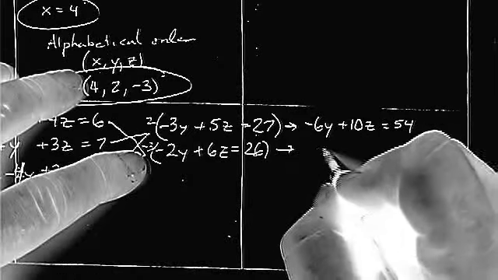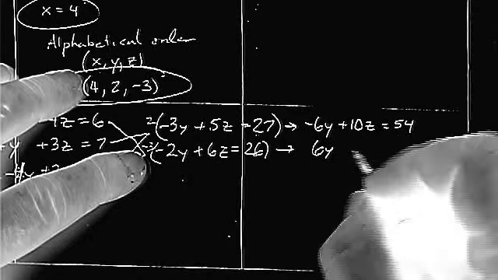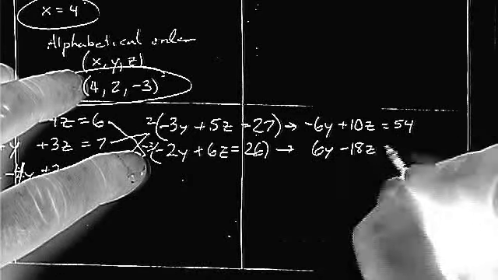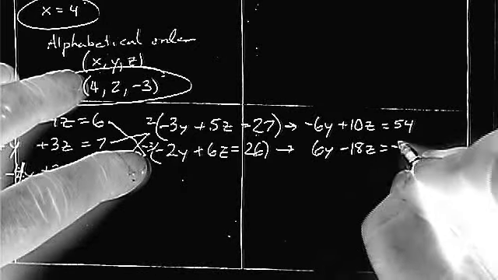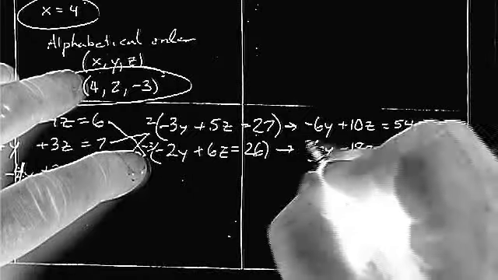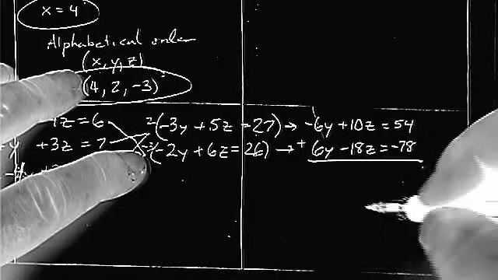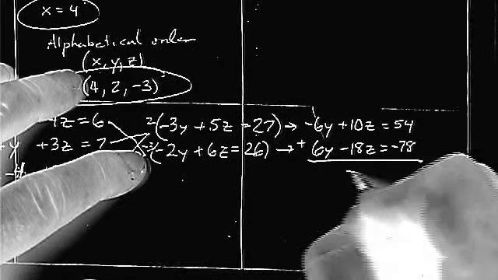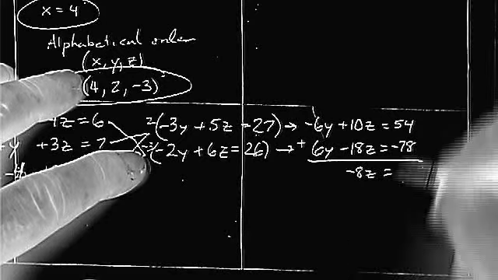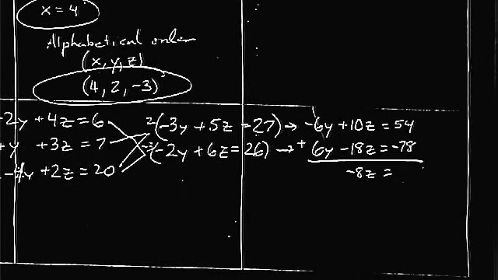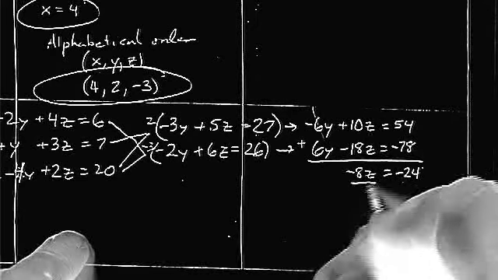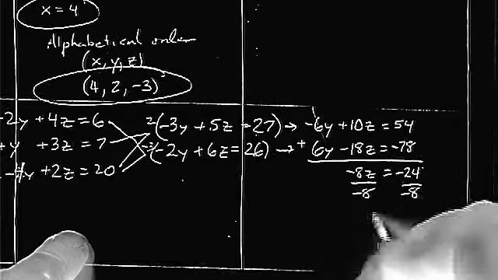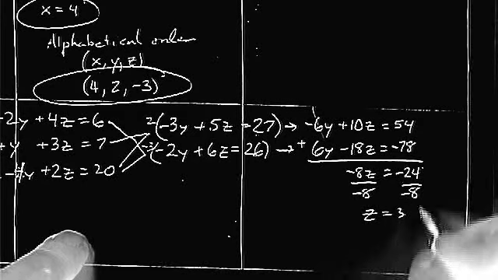And this one's going to give me 6y minus 18z equals negative 78. Now I can add these together. The y's would be eliminated. Negative 8z equals negative 24. Divide out the negative 8, z equals 3.